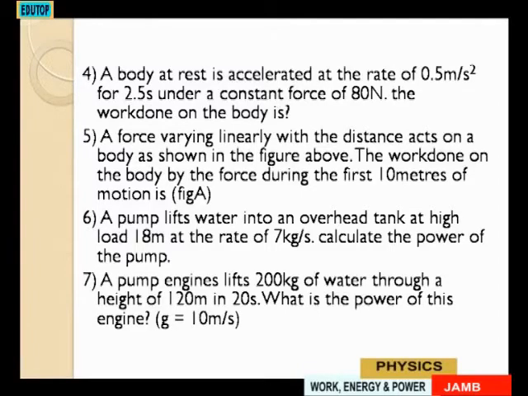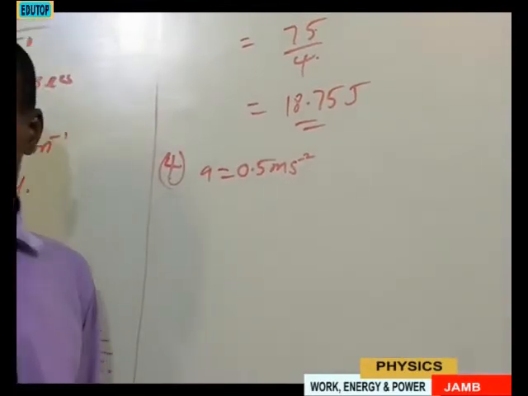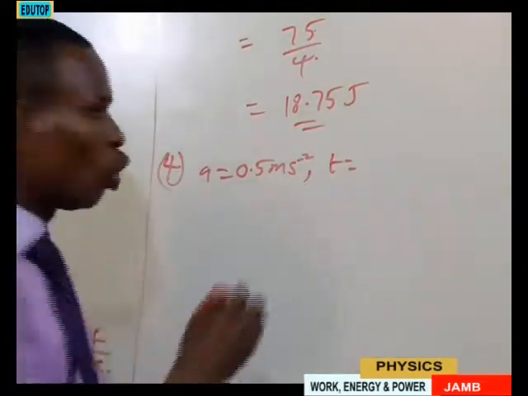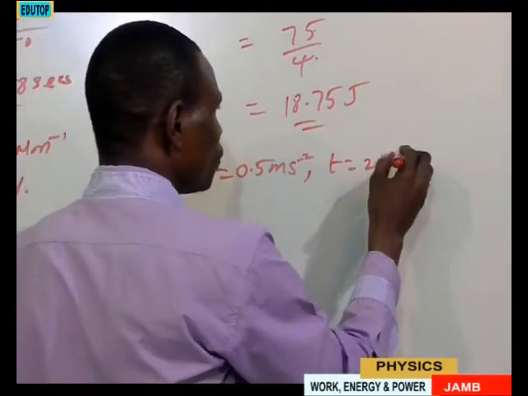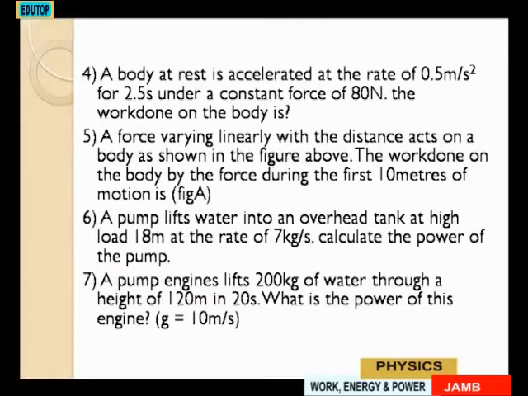Acceleration is 0.5 meter per second squared. The time is 2.5 seconds. Then we are given a force, 80 Newton. Then the question asks, what will be the work done on the body?